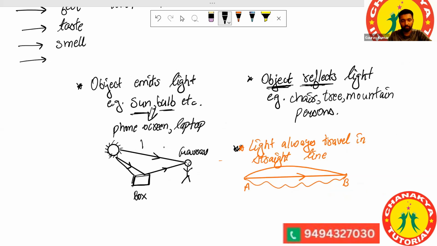Light comes from different parts of the box, like it is coming from here to our eyes, it is coming from this part to our eyes. So from all parts, light is coming towards our eyes, due to which we are able to see this box.